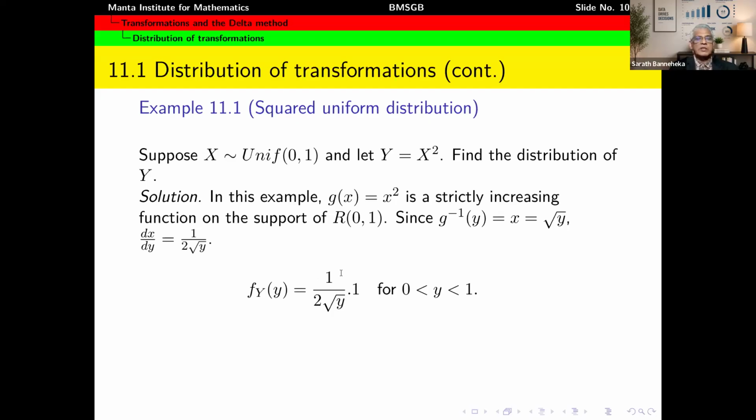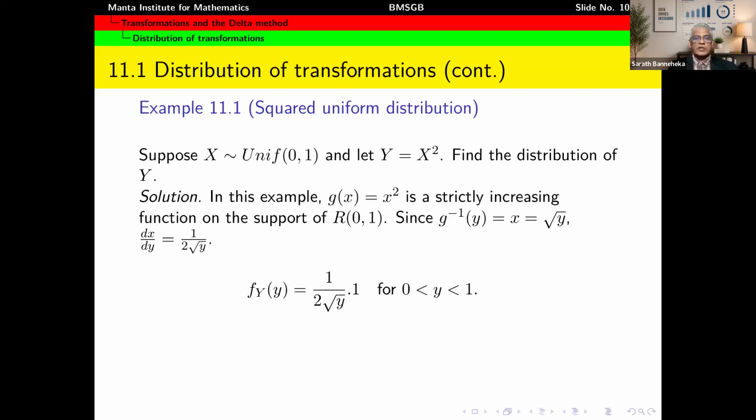And then multiplied by the absolute value of dx over dy. Of course, in this case, y is positive. Therefore, you can write down 1 over 2 times square root y. When x is between 0 and 1, you can easily see that y should be also between 0 and 1. So therefore, this is the density function of y.